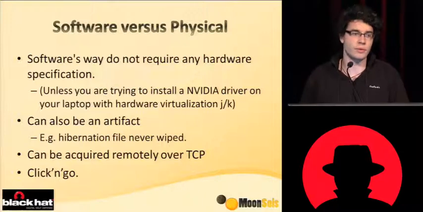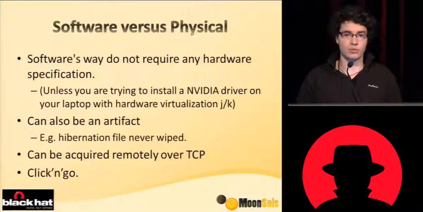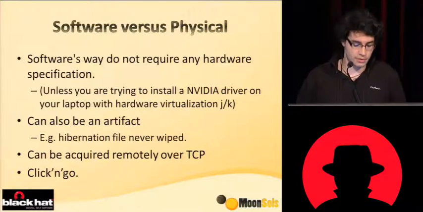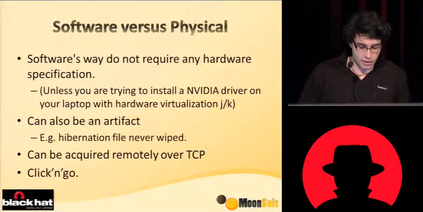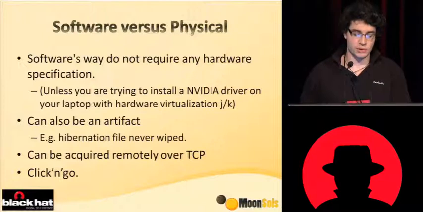So in any case, we still have a way to retrieve a snapshot of the physical memory, even if we don't run a specific software. And when you are using software, it's just click and go, so it's really easy.